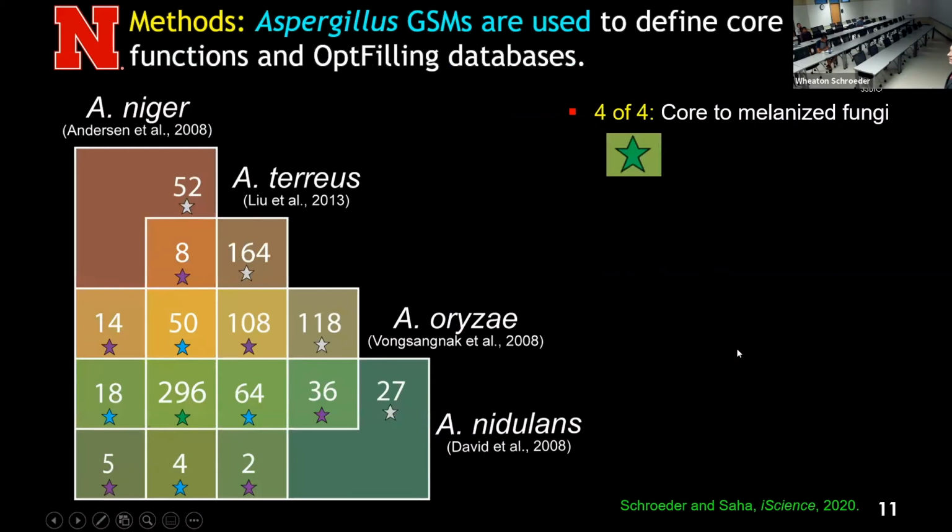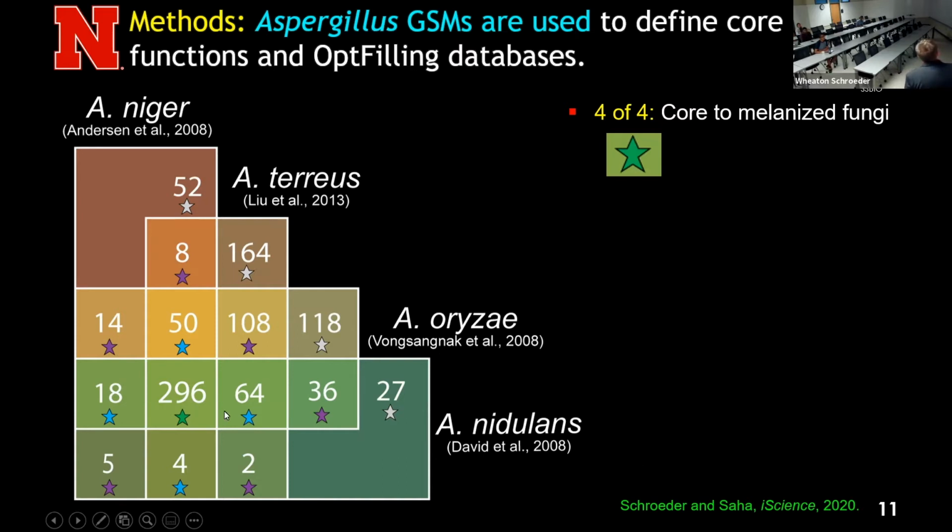So in our particular organism, we knew that we needed to build a set of databases in order to apply our OptFill tool. So we looked to a related genus called Aspergillus, which is a melanized fungus. It does not produce carotenoids, but we saw that there were 4 different genome scale models for this organism that had already been produced.